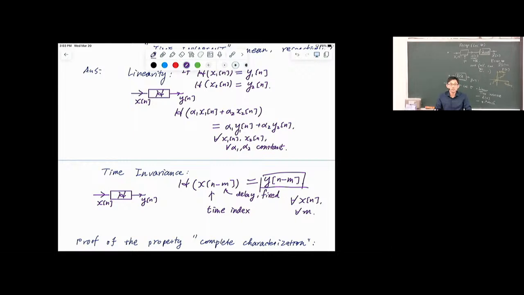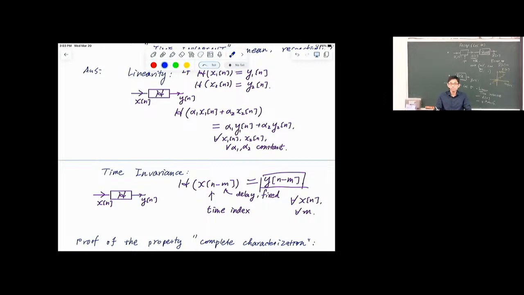The output will not be delayed by 2 times m samples. So nothing that tricky. It's pretty straightforward. If this relation is true for any given input and any given fixed amount of delay, the output is the same output but delayed by m samples, then we say the system is time invariant.